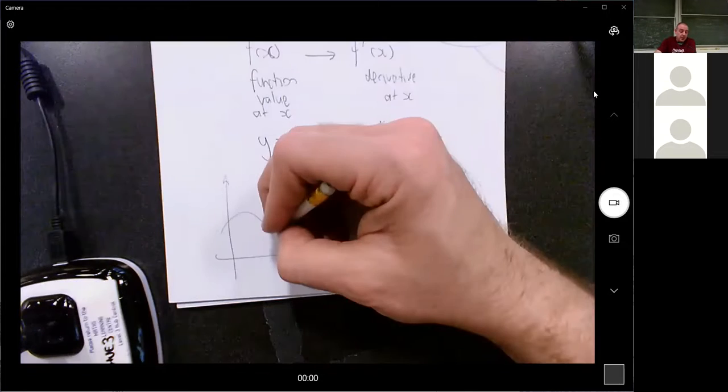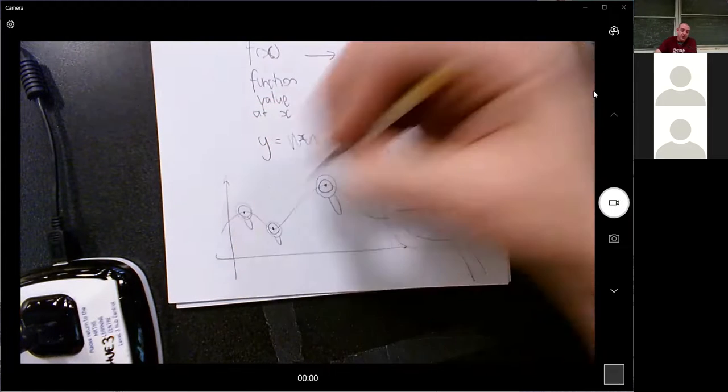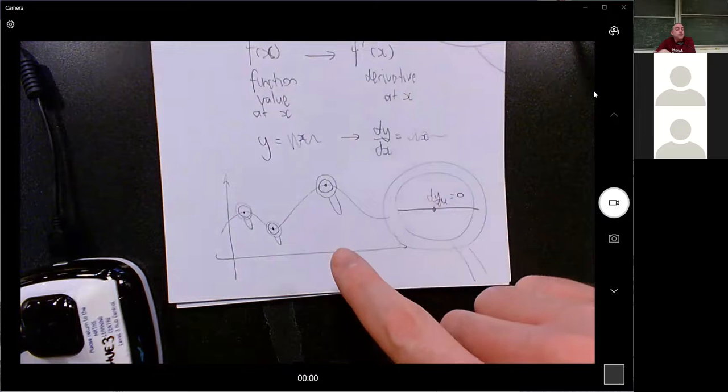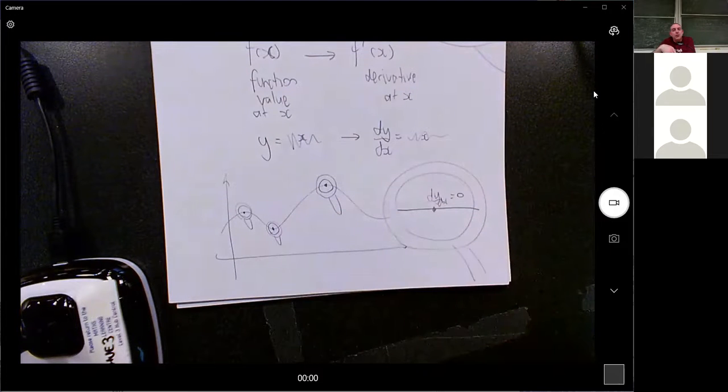And it'll happen here as well, and it'll happen here as well. In all of those places, the function will look like it's flat if you're very close to it, like horizontal. And so those are places where the function turns, and they're called critical points.